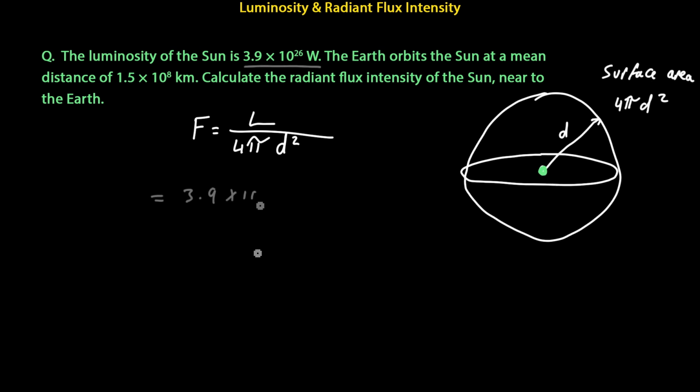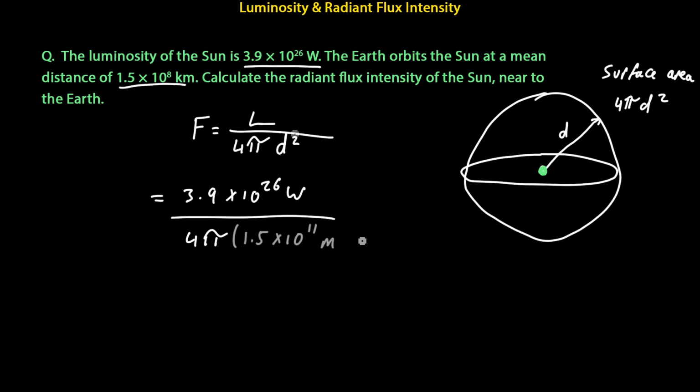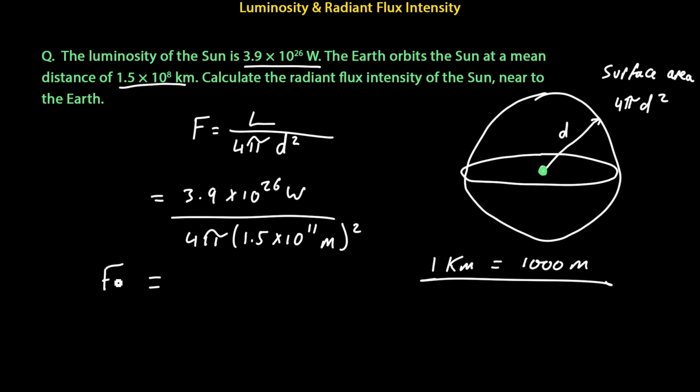So the luminosity of the sun is 3.9 times 10 to the 26 watts, divided by 4 pi, multiplied by 1.5 times 10 to the 11 meters squared. And we have to remember to convert the distance in kilometers here to meters, and we simply multiply it by 1,000.